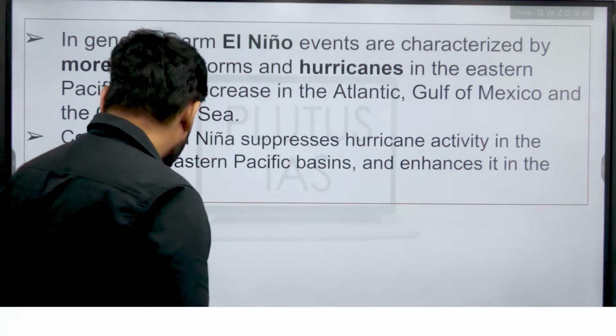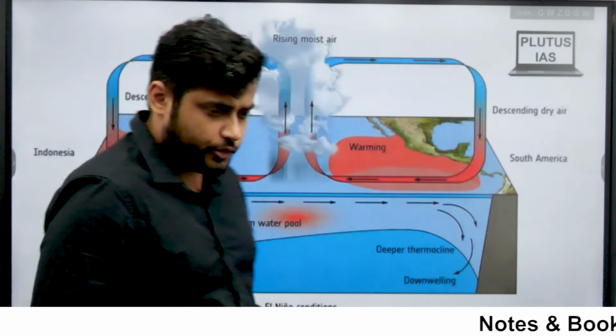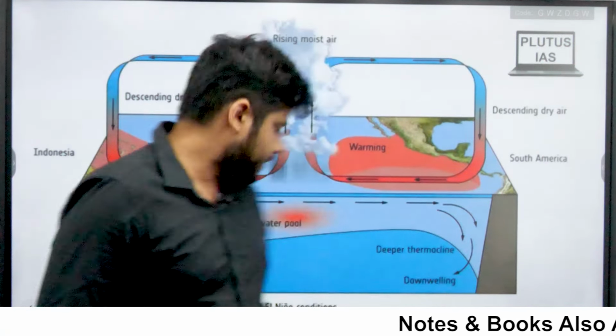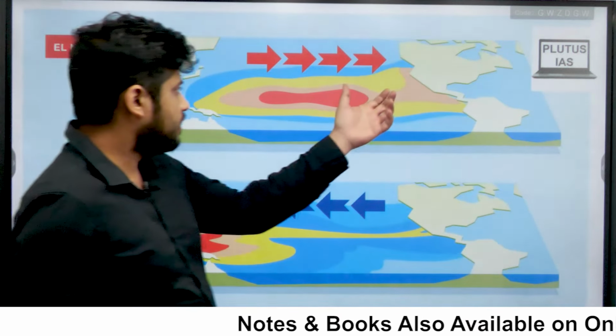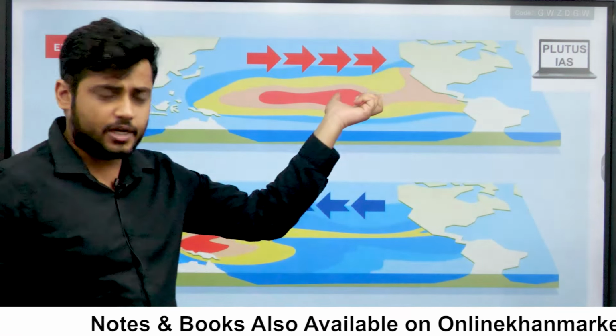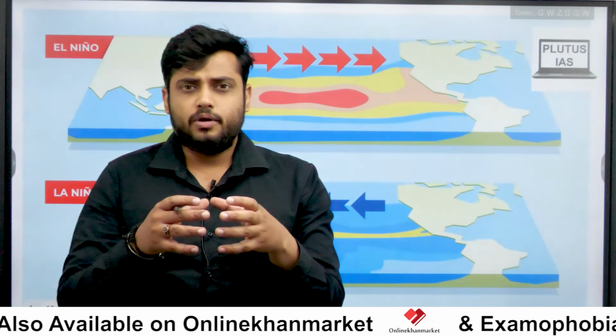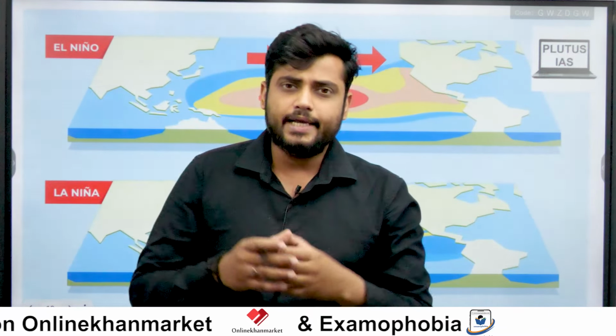There is one more thing. During the El Nino event, we know that the temperatures are rising in the eastern part and the central part of the Pacific Ocean. So when the sea surface temperature is higher, you know that water expands with the rise of temperature.